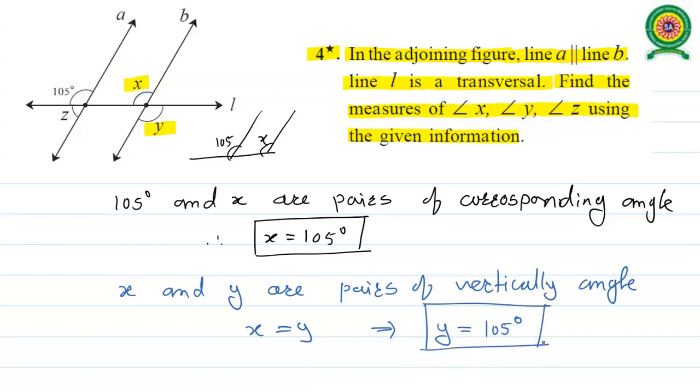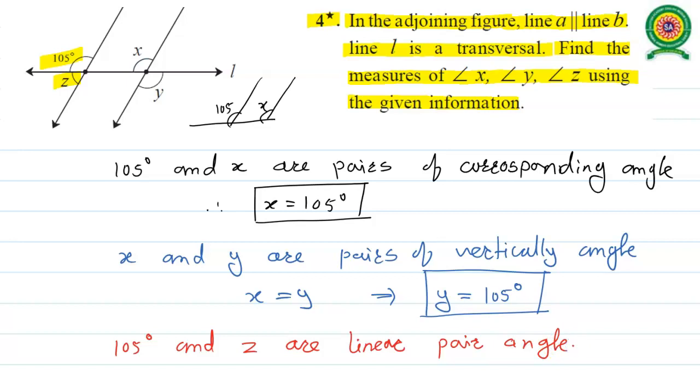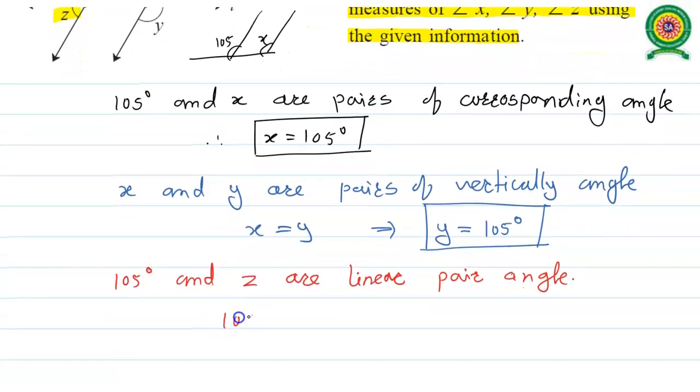Now we are trying to evaluate the value of Z. Look again at 105 degree and angle Z, they are linear pair angles. So I am writing here: 105 degree and Z are linear pair angles. It is well known that if angles form a linear pair, then the sum of those angles equals 180 degree. So 105 degree plus angle Z equals 180 degree.